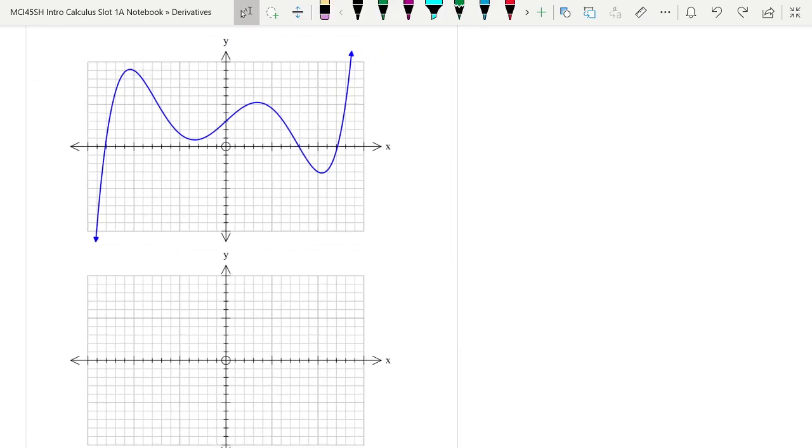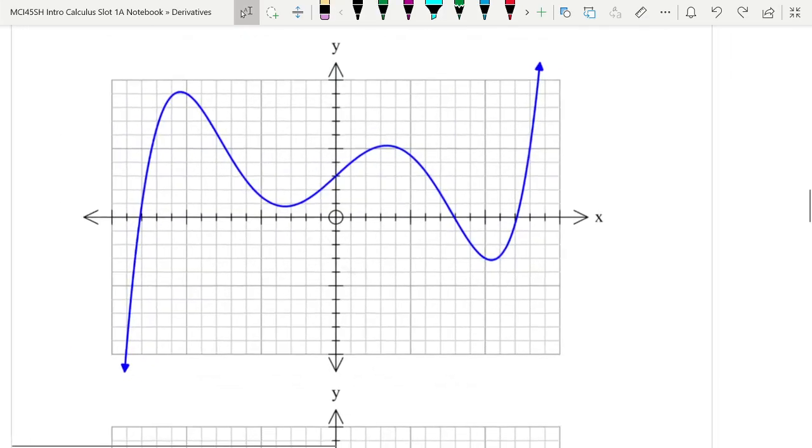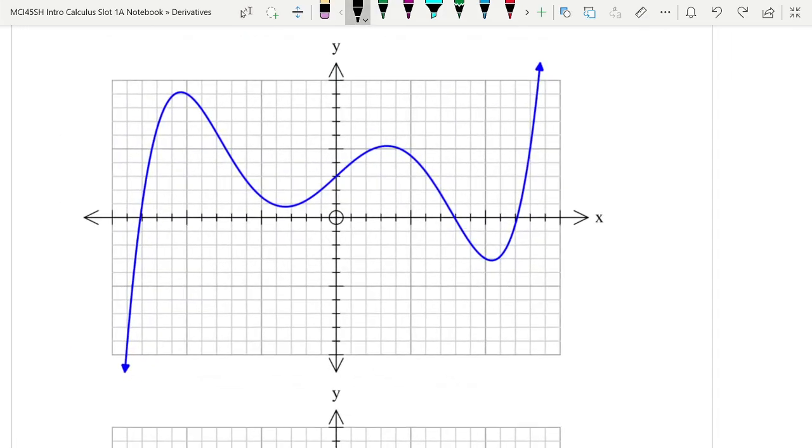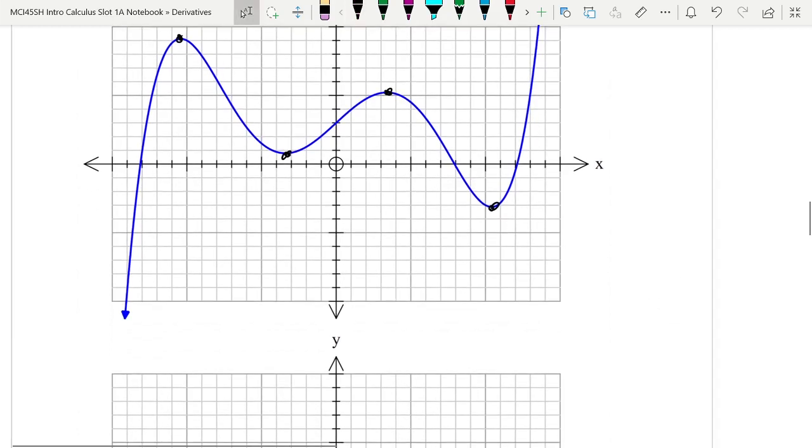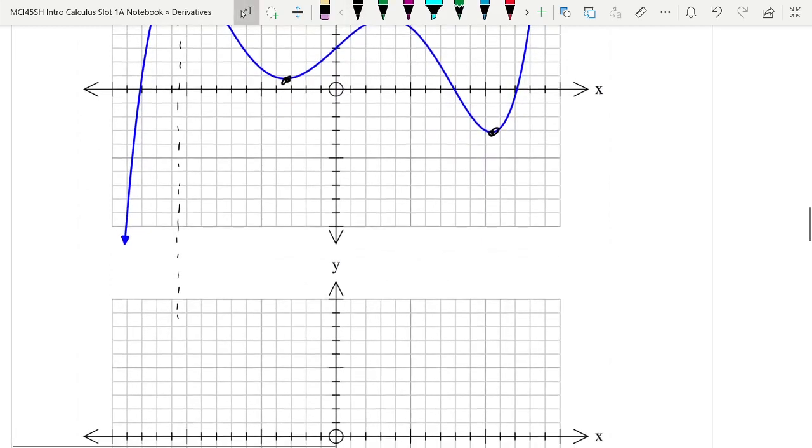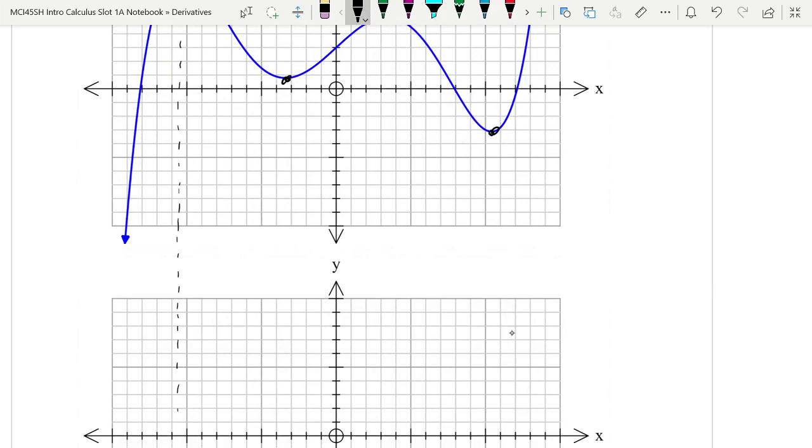I have slopes of 0 is what I was trying to say. Slopes of 0 here, here, here, and here. Now, do these things line up perfectly? I guess they do. So I can just go down. And there's 1.